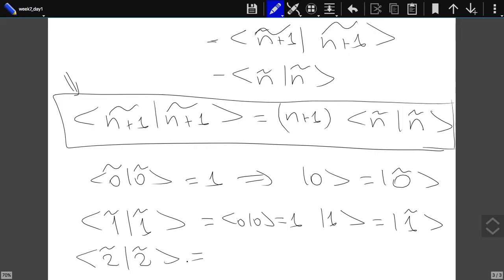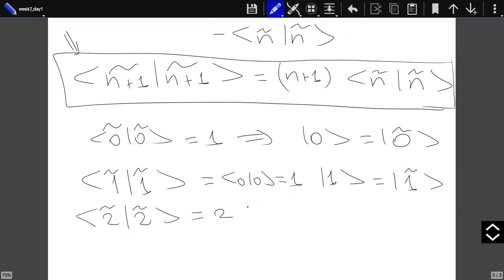If you look again at the relation in the rectangle, for n equal to 1, the left-hand side becomes the ⟨2̃|2̃⟩ state, the right-hand side becomes 2 times ⟨1|1⟩. So basically the 2 tilde state is not properly normalized, but I can normalize it, and so the 2 state will be just 1 over square root of 2 times the 2 tilde state.